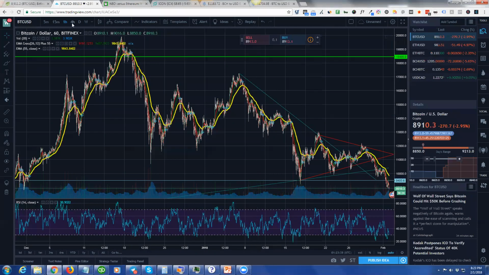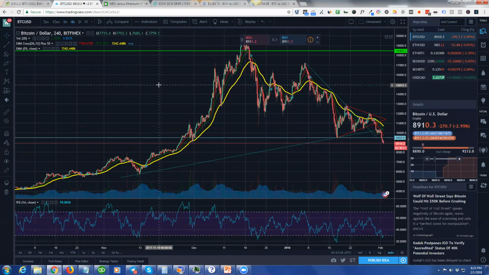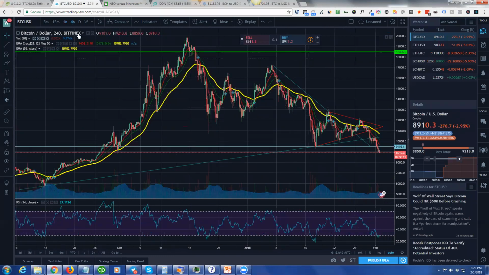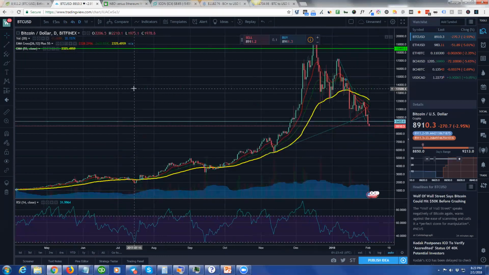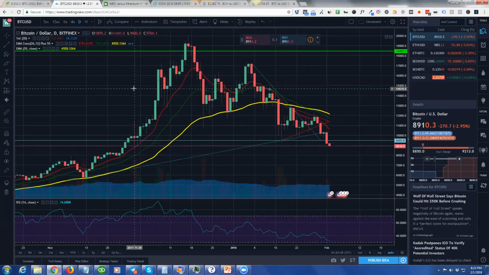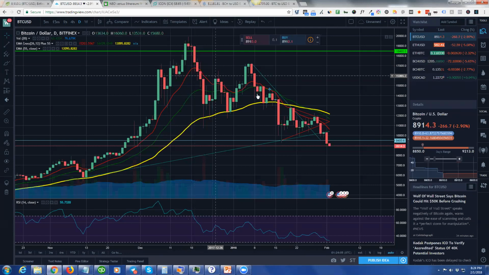On the 4 hour we're on a downward trend, and even on the daily we're on a downward trend since around Christmas time, when we peaked out on December 17th, which is when we hit our all-time high on Bitfinex. It was 19,891, just under 20,000. So in such a short time, just a month and a half, we've gone from almost $20,000 back down to $8,900.